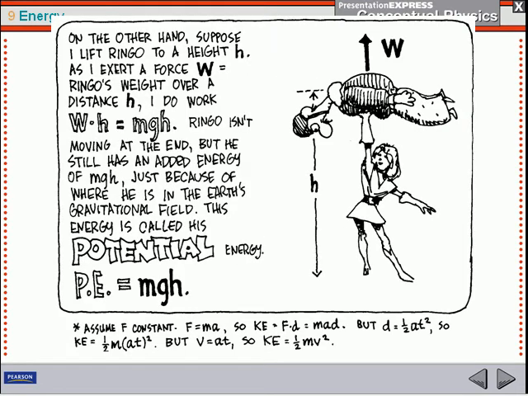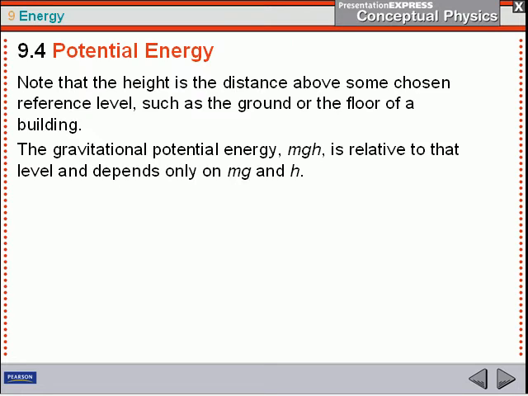Here we get a picture of somebody being lifted up, and the woman is exerting a force, the weight, which we know is mass times gravity, and it's this gentleman's mass times gravity pulling him down, and she's lifted him, maybe 6 feet high, maybe 2 meters high, so that would be the height. And that is the potential energy that she has given to him by lifting him up.